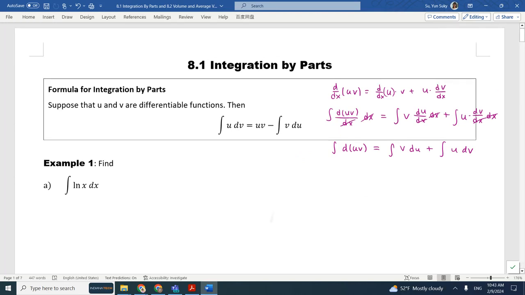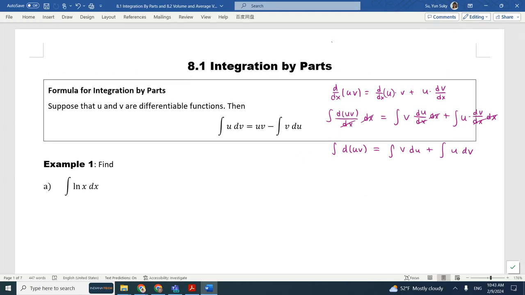Yes. And now, do you remember what's the integral of 1 dx? It's x. And the integral of 1 dy is y. Exactly. So the integral of 1 d(uv) is uv, whatever the variable is.